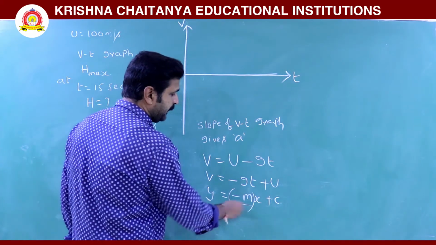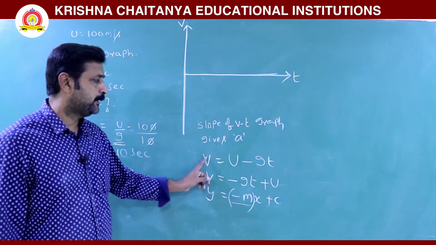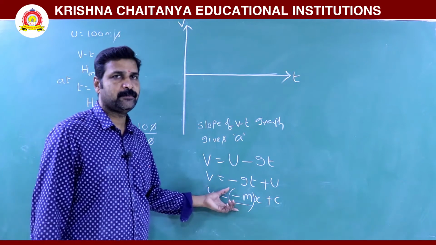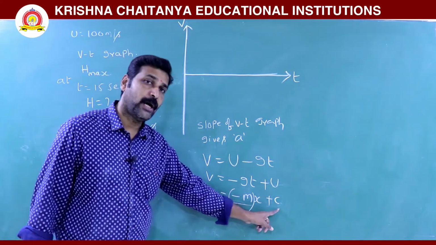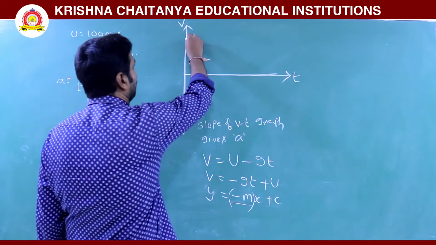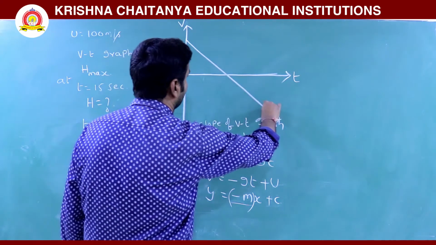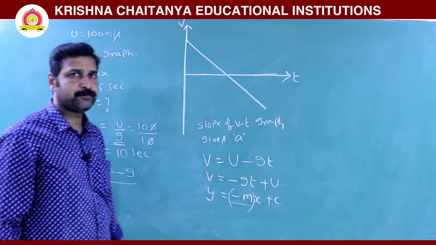Since the slope is negative and this expression represents a straight line having a positive y-intercept, according to our previous discussions, this will be the graph.